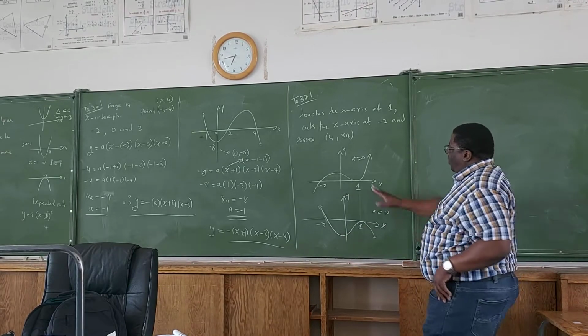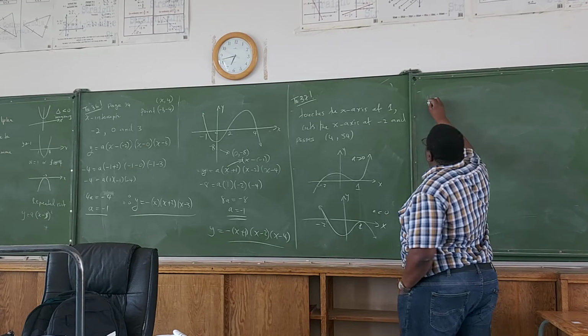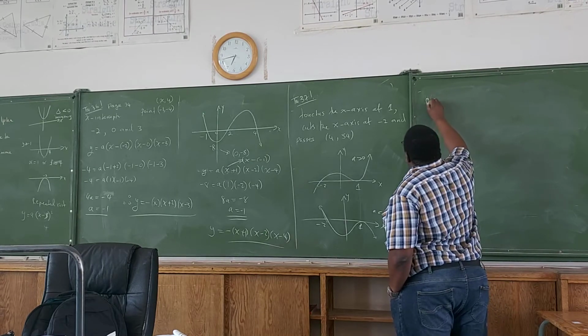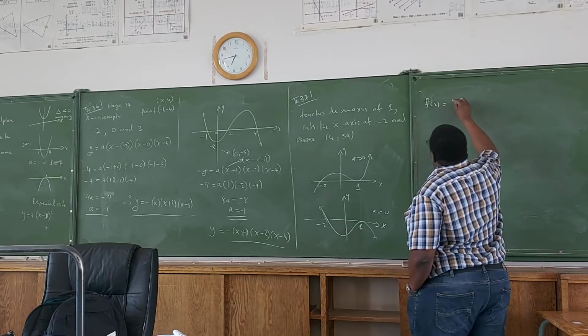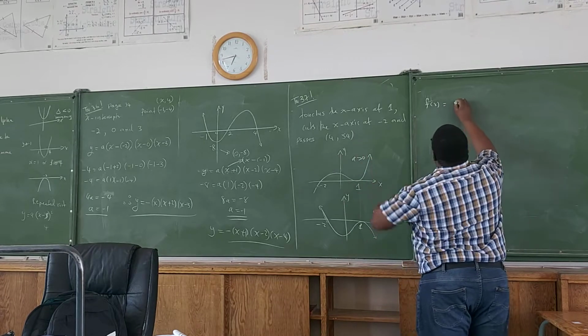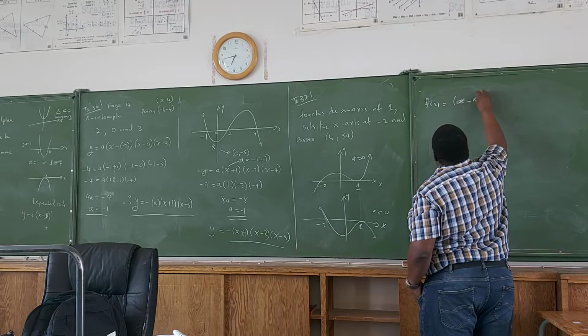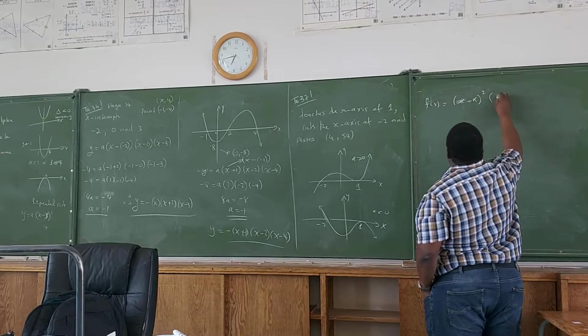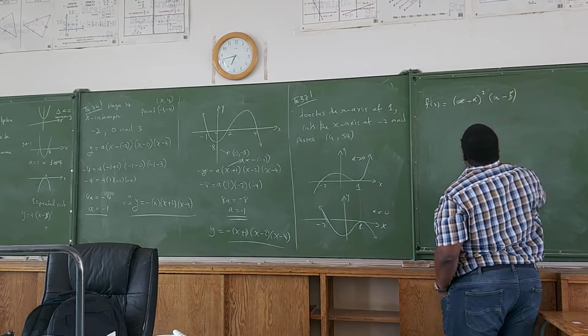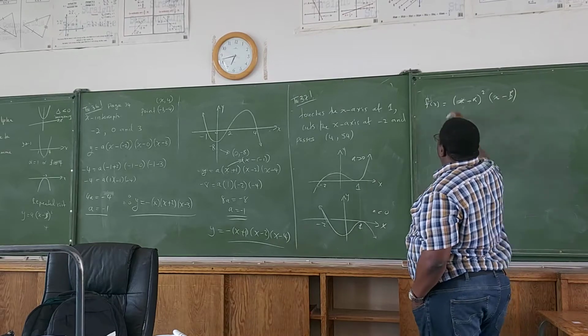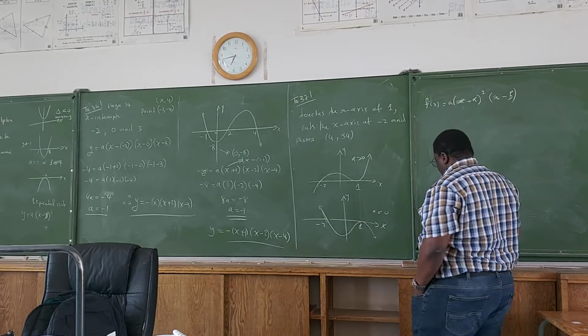Okay, so given this information, we now know it is a function that touches, so x minus alpha squared, and then the other one is going to be x minus beta. Obviously, don't forget your a.